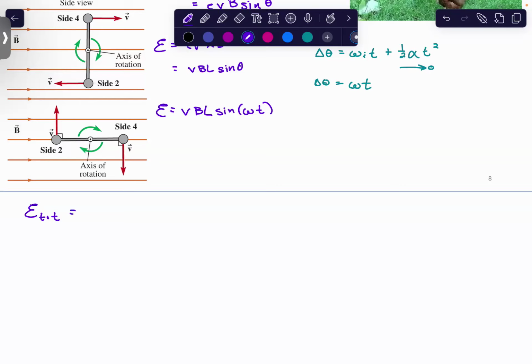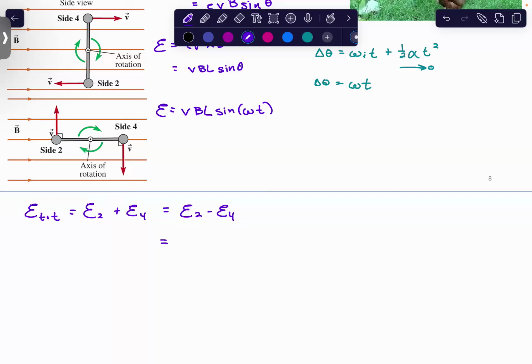Now we know the EMF from sides 1 and 3 is 0. So now we need the EMF of side 2 and the EMF of side 4. It'll end up going back to plus, but we can't just assume that.